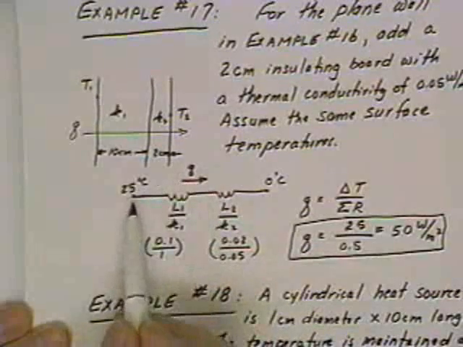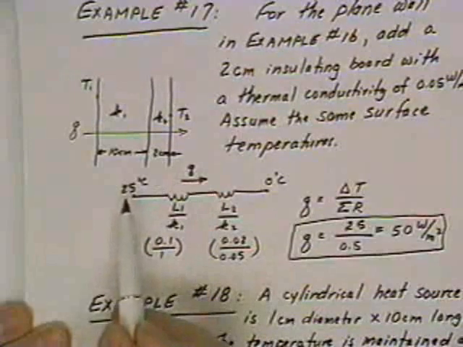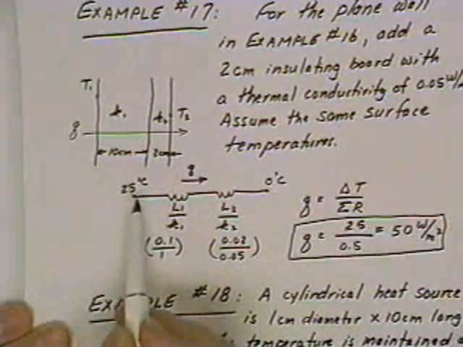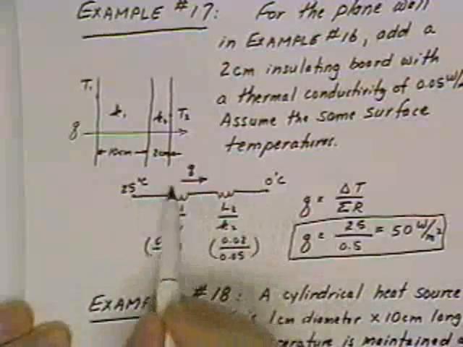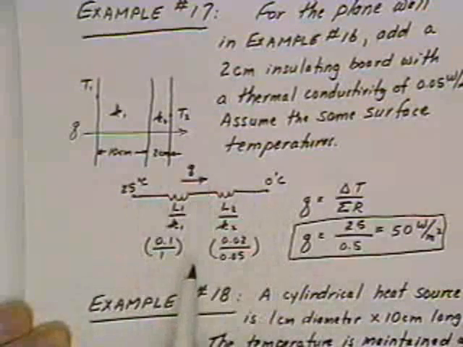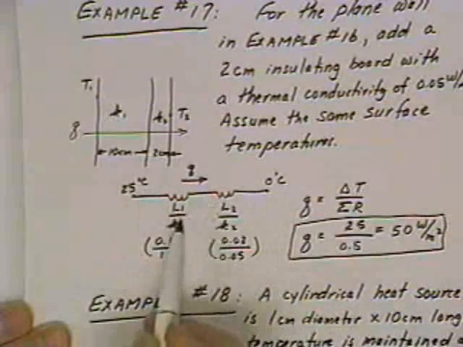The driving potential in an electrical diagram would be the voltage. But in the case of heat transfer, the driving potential is temperature. And so you've got a temperature of 25 degrees C, which is a higher potential than 0 degrees C. So the heat transfer is going to occur in the direction of high temperature to low temperature.